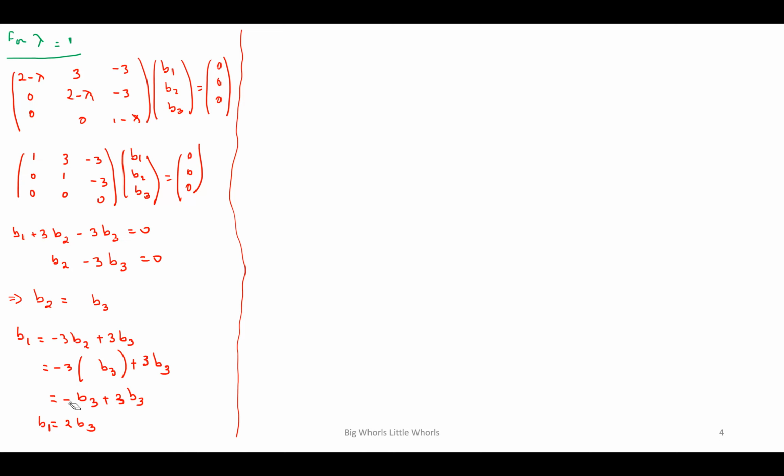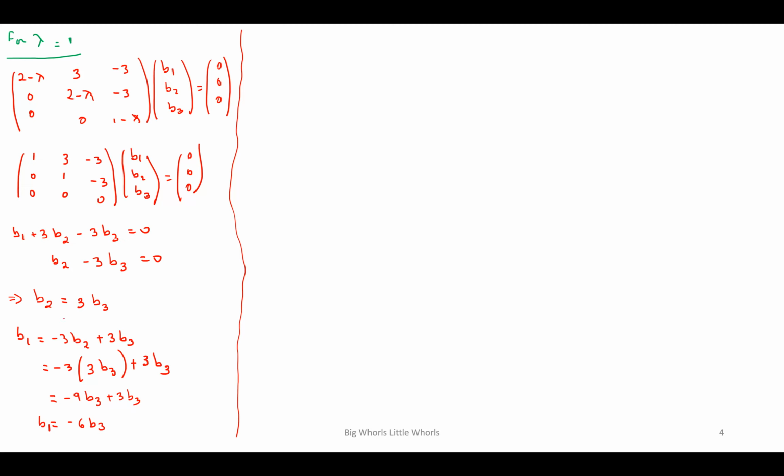So b2 is equal to 3b3, and b1 is equal to minus 3b2 plus 3b3. So we have minus 9b3 plus 3b3, which is equal to minus 6b3.